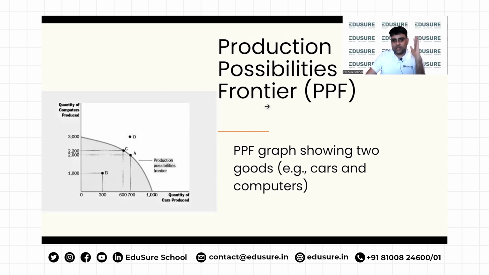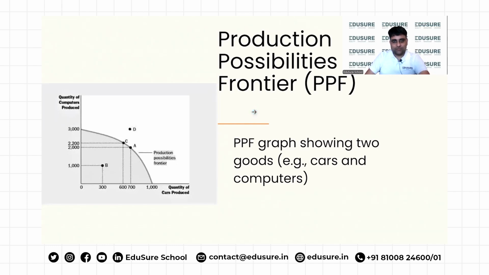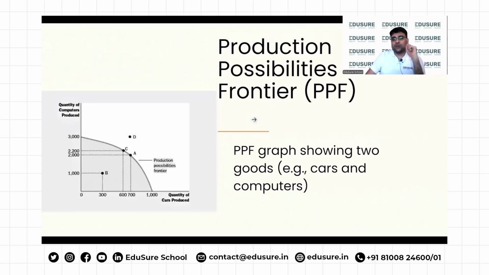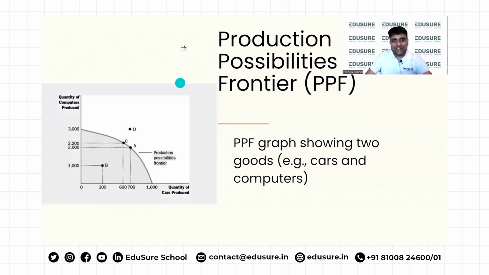ओके, ठीक है, तो ये बहुत इंपॉर्टेंट है. सो ये जो एग्जांपल यहां पर एक डायग्राम मैंने पुट किया है, दिस इज एन एग्जांपल ऑफ एन इकोनॉमी दैट इज बेसिकली प्रोड्यूसिंग कार्स एंड कंप्यूटर्स. ओके, तो यहां पर इफ यू कैन सी, if all the resources of the economy is devoted to producing cars, the economy would produce 1000 cars and 0 computers. ये देखिए, ये पॉइंट है यहां पे, 1000 cars is the x intercept.